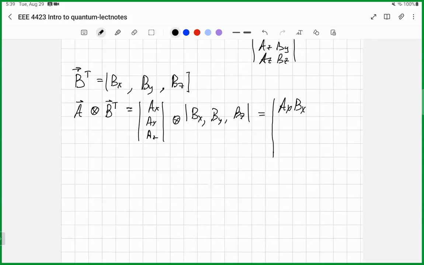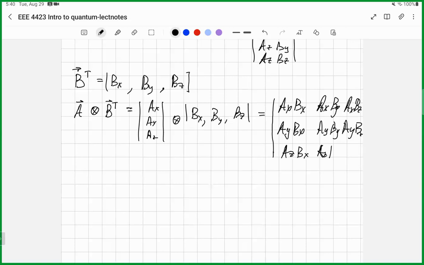Then for the second, I take ax, multiply by by, and lastly ax bz, right? And obviously the other elements will be ay bx, ay by, ay bz, az bx, az by, az bz, a matrix.